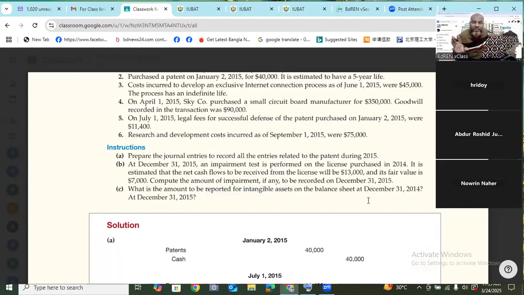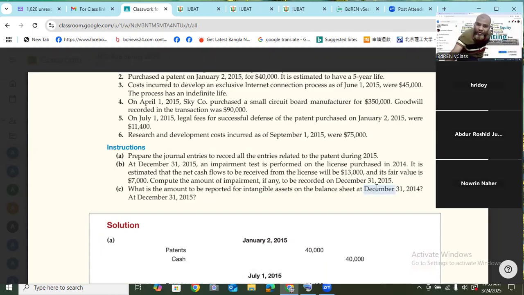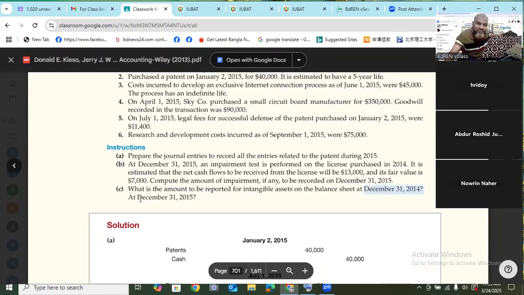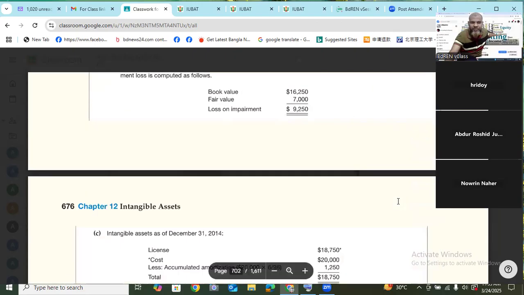So how you present your balance sheet, how your intangible asset will be presented in the balance sheet at 31st December 2014 and at the same time 2015. First of all, December 31st 2014 and then December 31st 2015. That means consecutive 2 years presentation of intangible asset in the balance sheet. So this is the presentation.